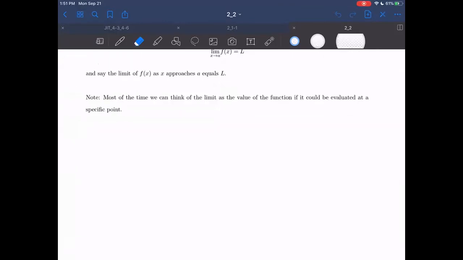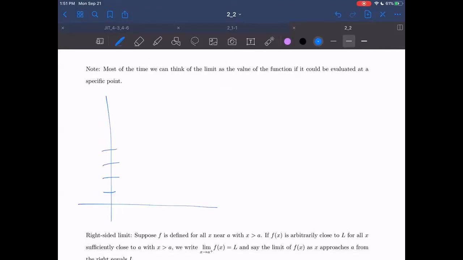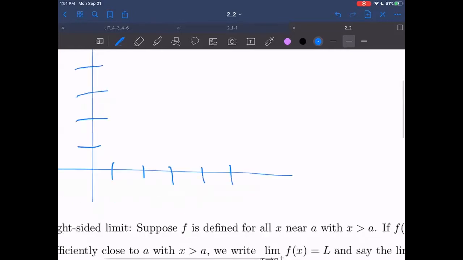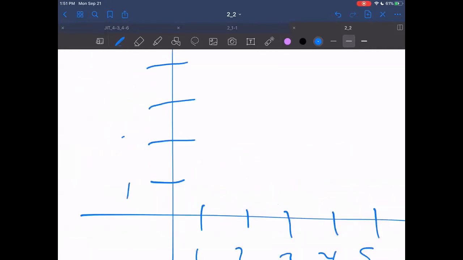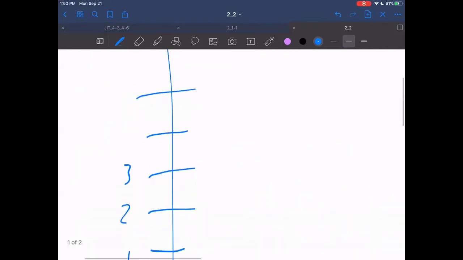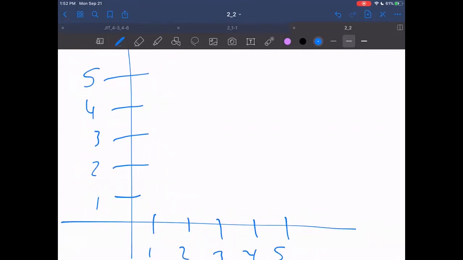So here, we'll draw a picture so you can kind of see what I'm talking about. Okay, so let's say I've got some function that looks like this.